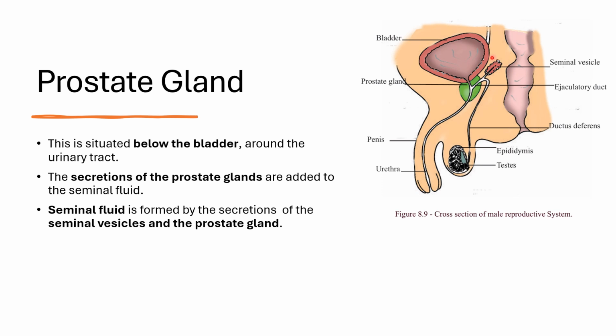So just like the seminal vesicle, the prostate gland also produces some secretions, and the secretions of both the prostate gland and the seminal vesicles are added to the seminal fluid or semen. That's what makes up the semen. And here you can see the urinary tract, and in men the urethra, which is a key part of the urinary tract. This serves as the exit pathway for both urine and semen during ejaculation.